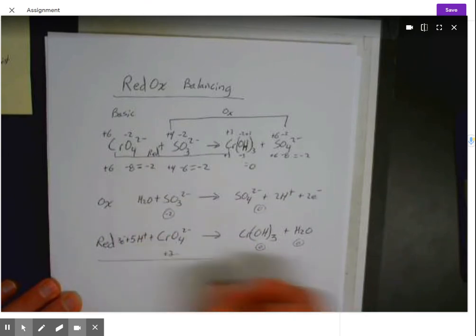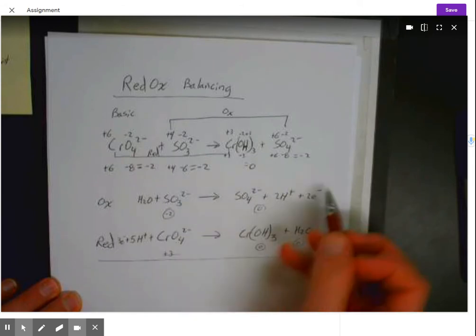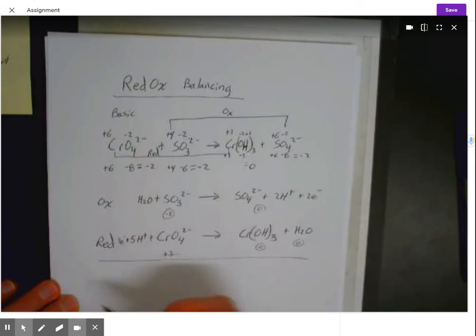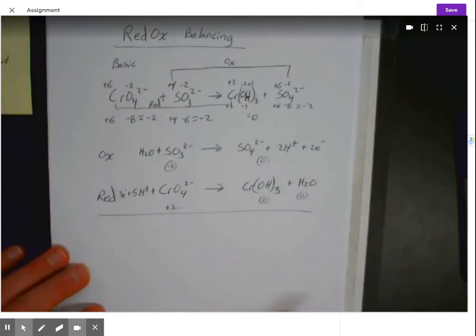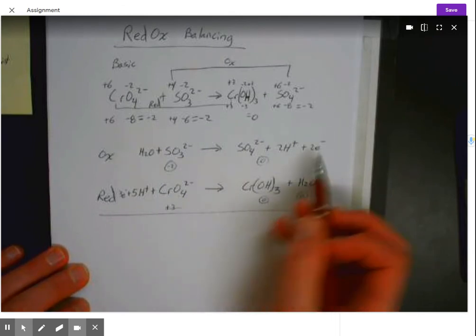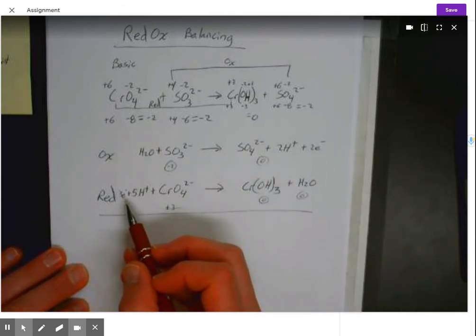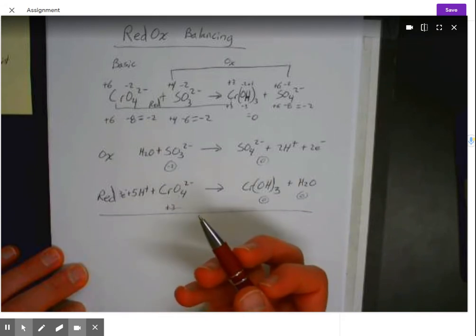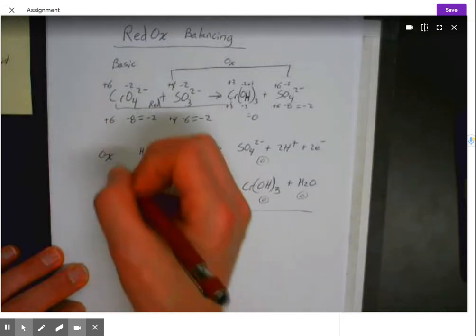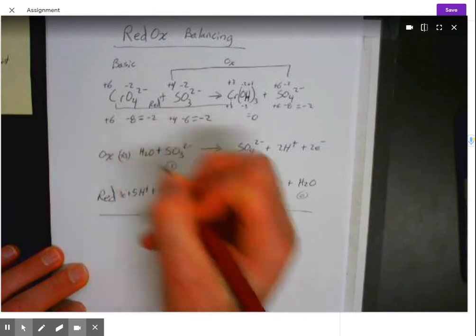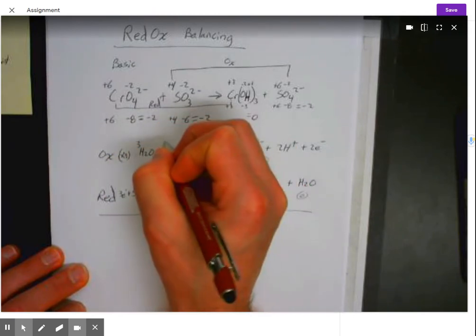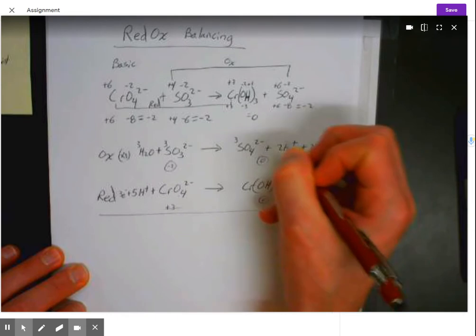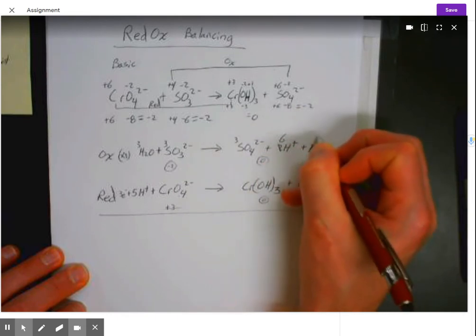Now, when we go to add these back together, the electrons need to cancel, and they don't. So what we need to do is multiply by some factor so that we get a common multiple. So that's going to be 6. So we need to multiply this by 3. So that'll be 3, and 3, and 3, and 6, and 6.